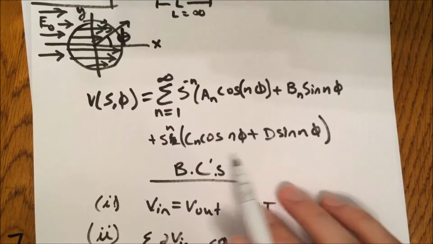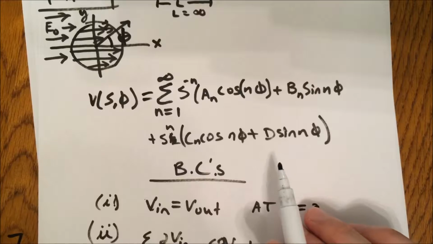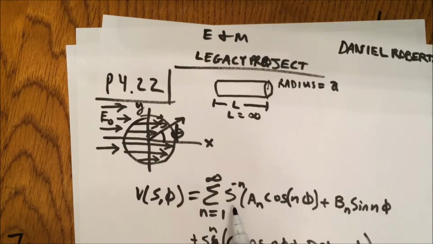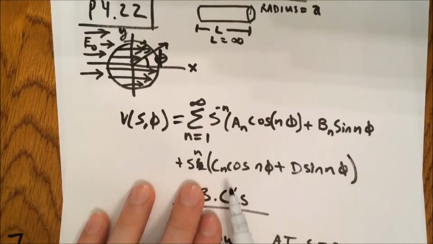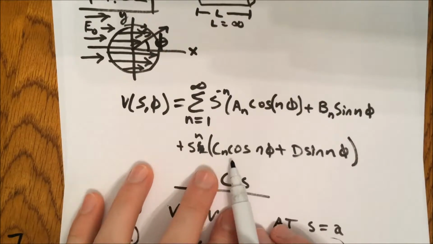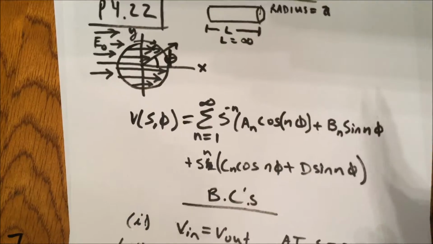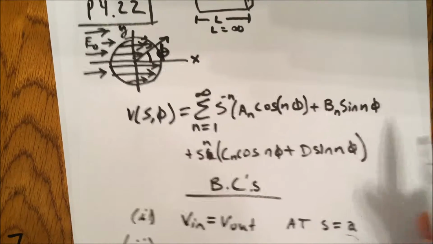We can write two equations for the inside and outside from this one equation. Inside, the potential function will blow up at 0, and at infinity it'll blow up with S to the n. So those two need to be considered.